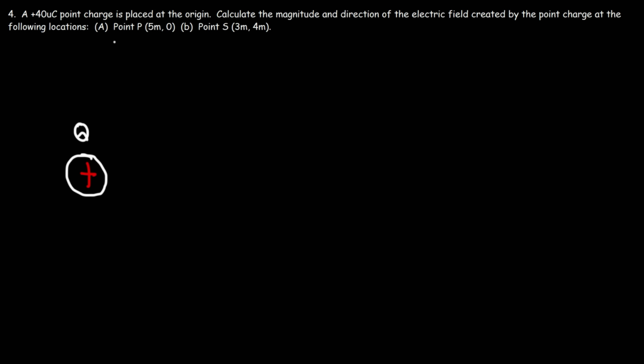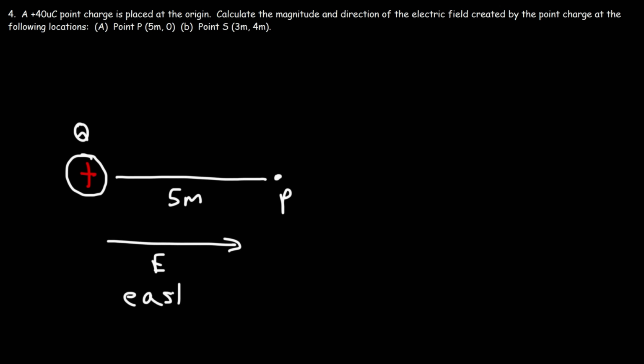Now, point P is 5 meters away from the point charge along the x-axis. So this is point P, and this is 5 meters away. What is the electric field at point P? Well, we know the direction. The direction of the electric field is going to be east, if we draw it from the positive charge towards point P.